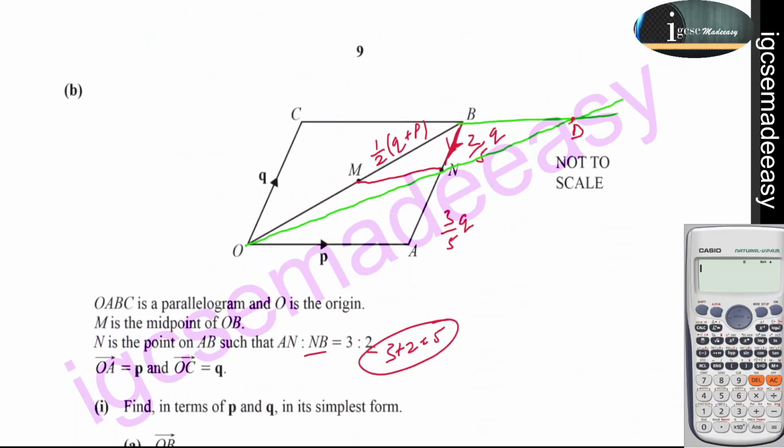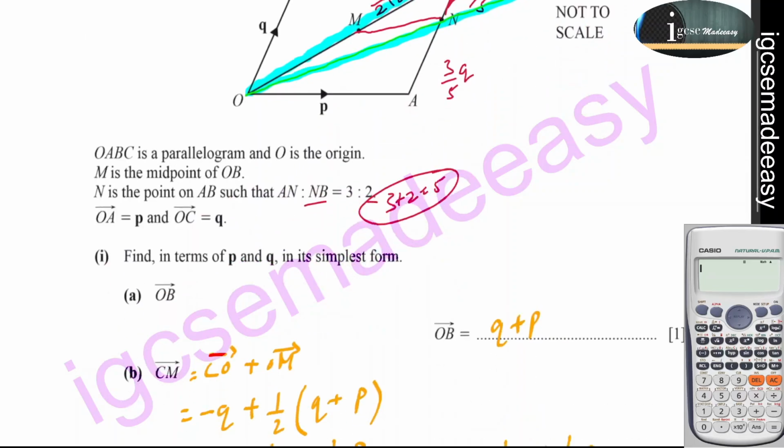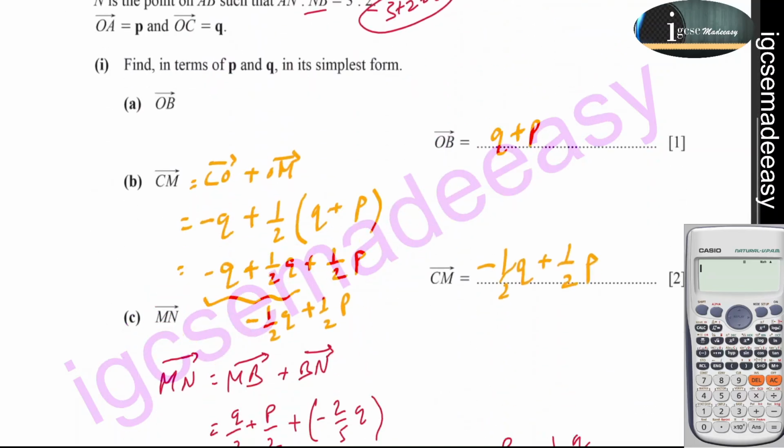So the position vector of D is actually equal to, we can track this way. Instead of going O to D directly, we can take this way, OB and BD, right? So to reach OD, we can take OB and BD.